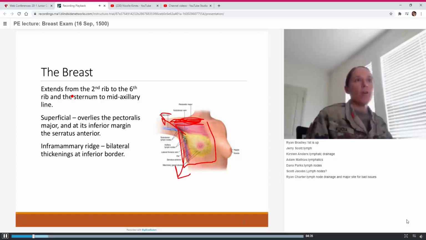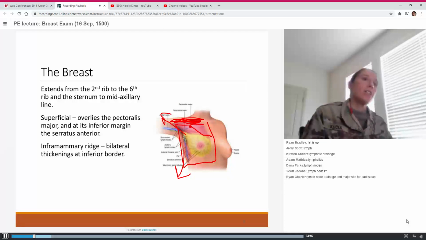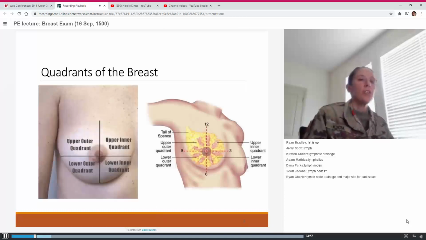This is the site where bad stuff can start to appear, and so we are gathering assessment through all these areas. And don't forget, the breast itself has a tail of Spence, which goes up towards the axilla as well. So the breast tissue is actually making that teardrop too.